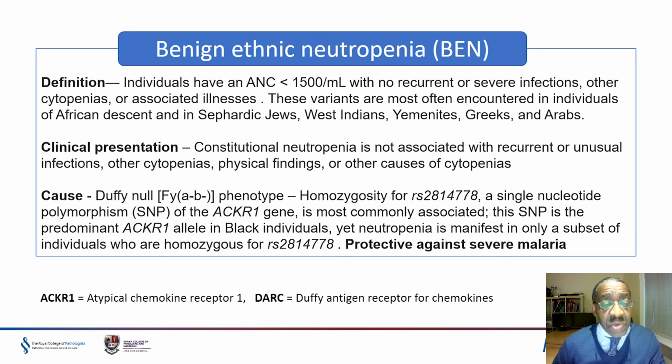You might know that it is associated with the Duffy null phenotype, which is the Duffy A and Duffy B negative blood groups. And we know that this phenotype is common to individuals of African descent. A single nucleotide polymorphism in the Duffy coding gene is responsible for the neutropenia that is found very commonly in Black individuals.